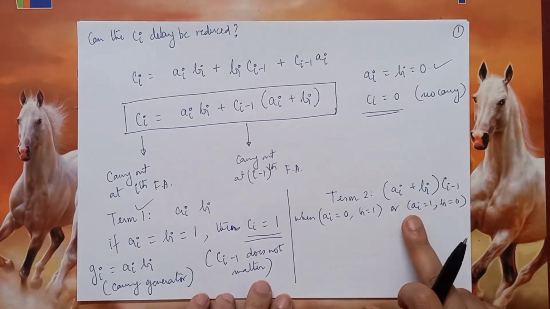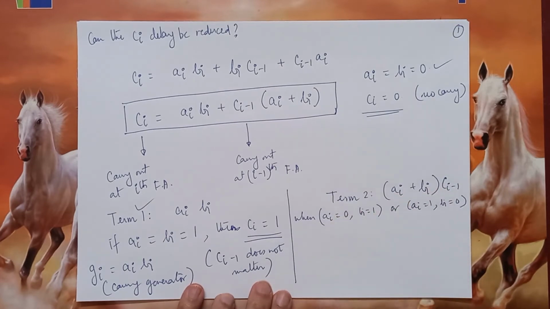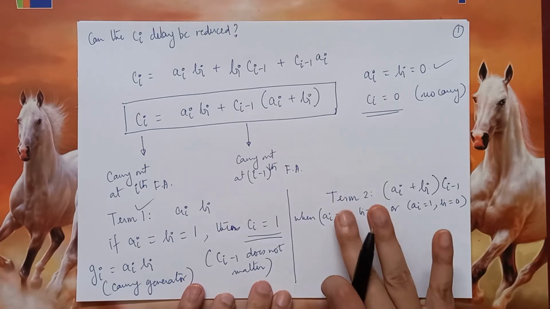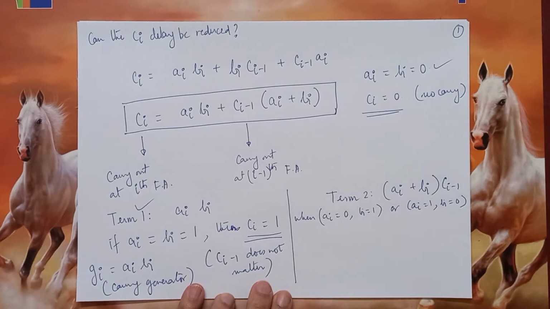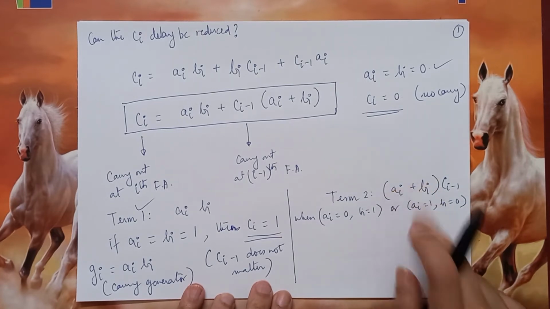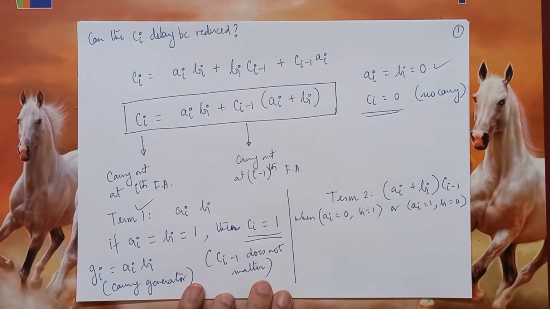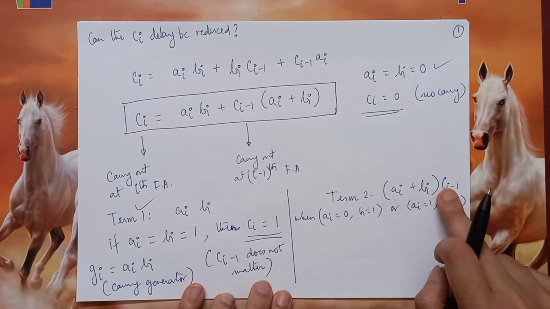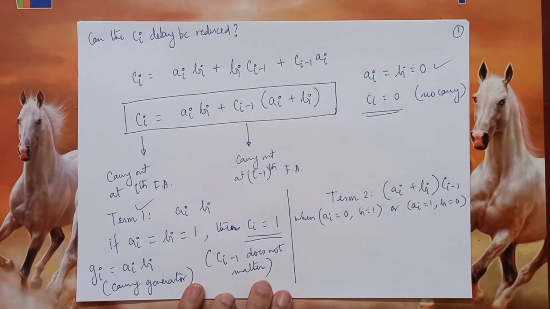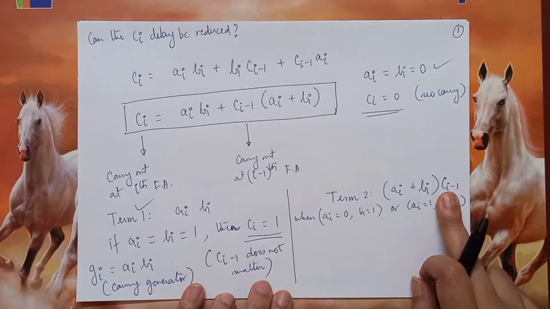In this particular case, when the inputs to the present ith stage full adder are 0 1 or 1 0, then ai plus bi becomes 1. So this one when ANDed with ci minus 1 will be nothing but ci minus 1.